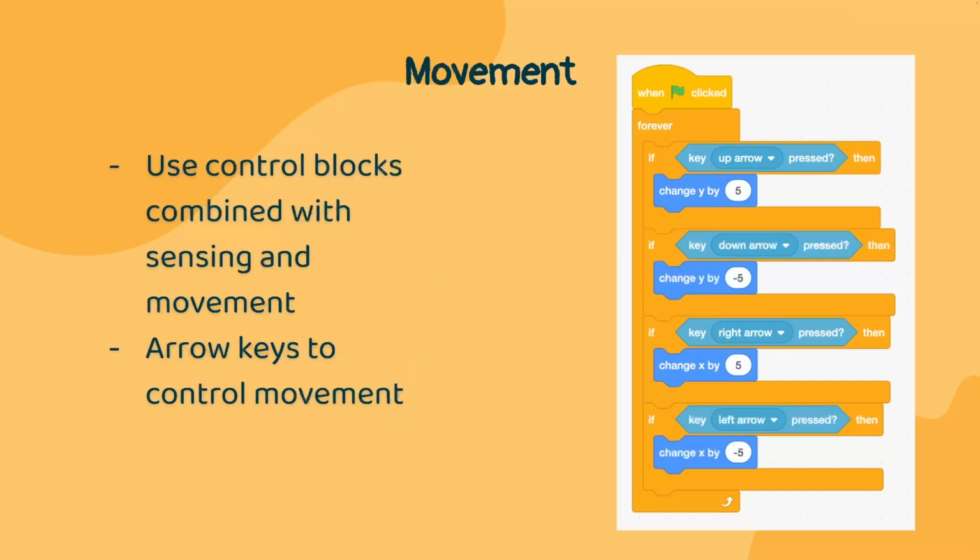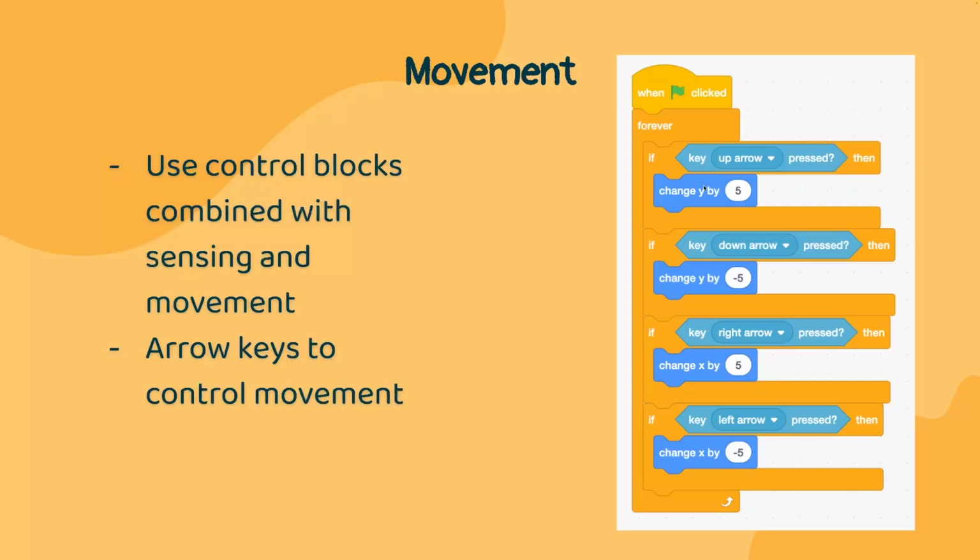Let's talk about movement. We will use control blocks, if statements in this case, and a forever loop to check if our arrow keys are being pressed. As you can see in this screenshot, we have an if statement for if the up arrow key is pressed. If it is, then we are going to change the y variable by 5.